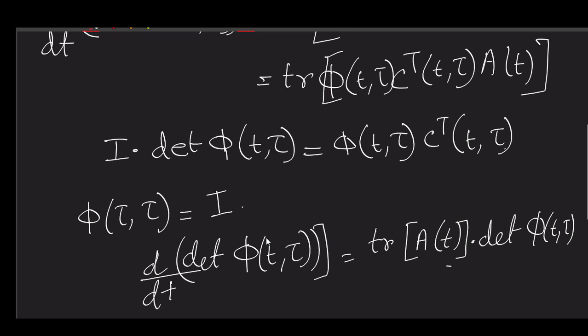Because what we wanted to prove when we started doing such mumbo jumbo, our objective was, we were about to prove that the determinant of this, the left hand side bracketed term, is equal to the exponential of the integration running from tau to t of the trace of A, right?